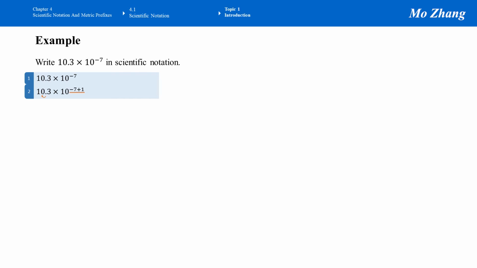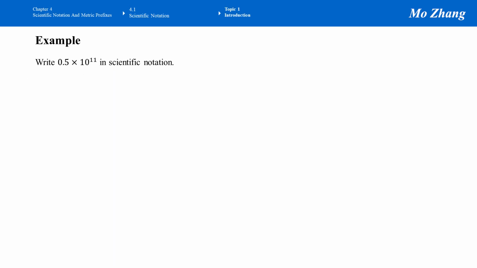If we shrink the number part, it is divided by 10, right? Moving the decimal point to the left 1 unit means divided by 10. To keep the original value the same, we need to do the opposite for the exponent by adding 1 to the exponent. So at the end, the number is 1.03 times 10 to the power negative 6.